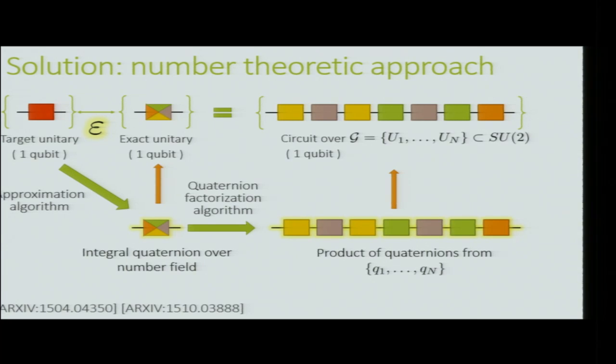In the second work, we present an algorithm to approximate with integral quaternions. Again, in early works in this area there was an ad hoc way of going from here to here. Now it turns out that this is actually just factoring quaternions, similar to numbers or algebraic integers.